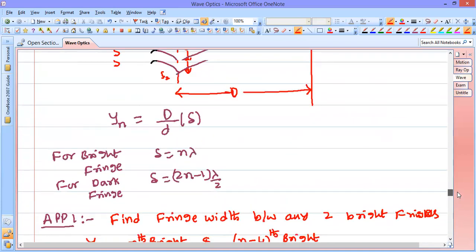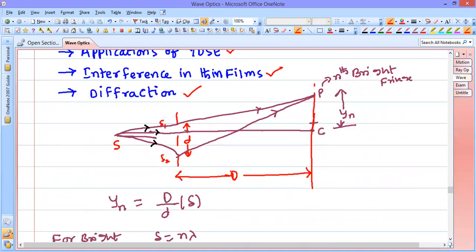As fringe width increases, that means distance between the fringes is increased.